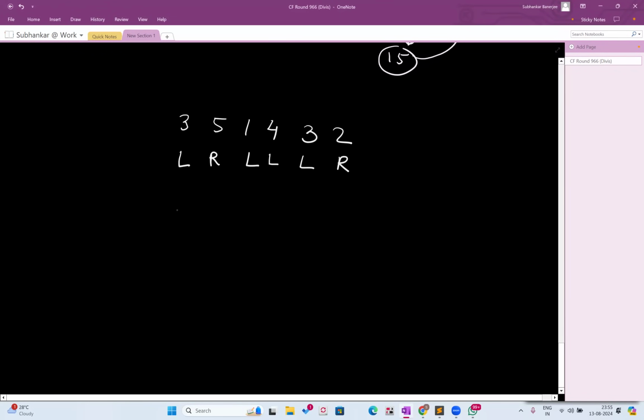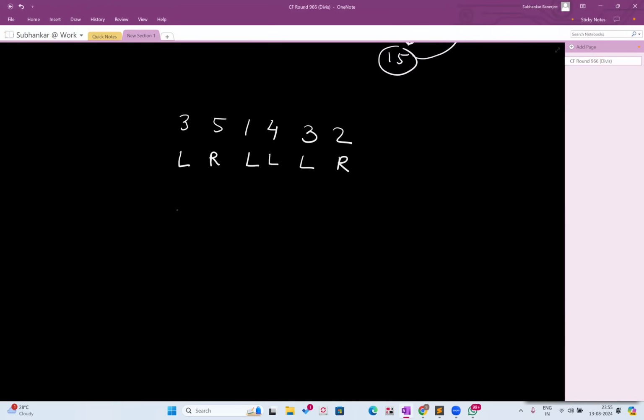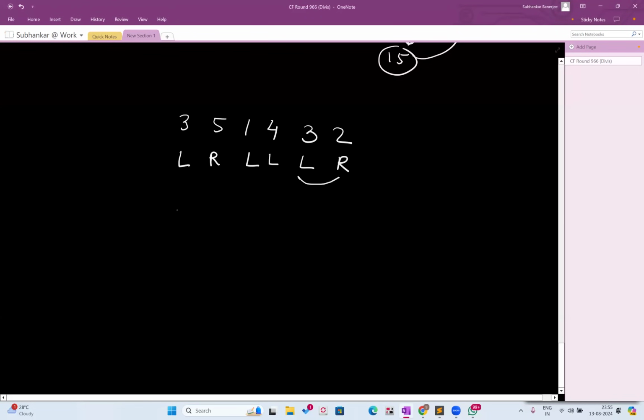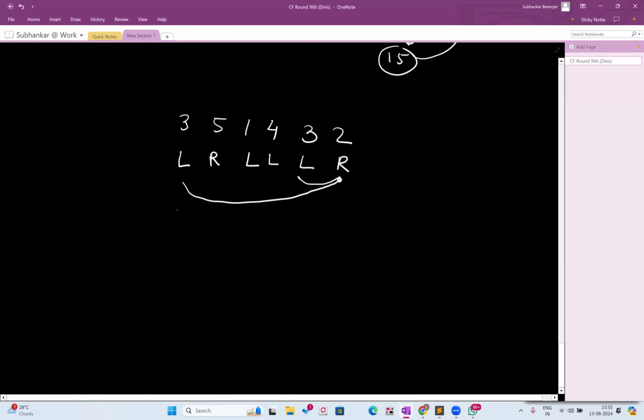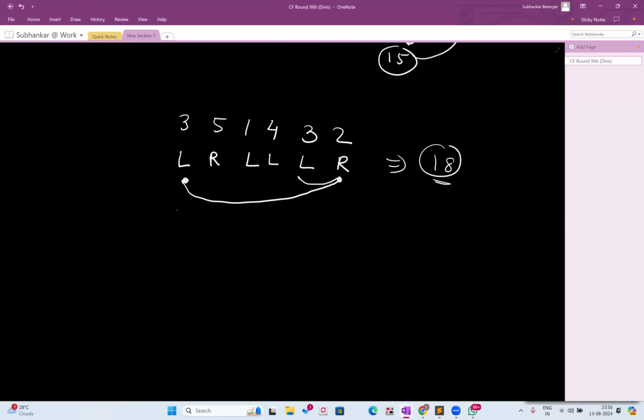Now for this, we can choose these two indexes first, and they will become void. And after that, we can choose these two. But it would be better to choose this L and R, and we will get the entire array sum. That will be, I think, 18. So we can try out other combinations as well, but this would maximize the answer.